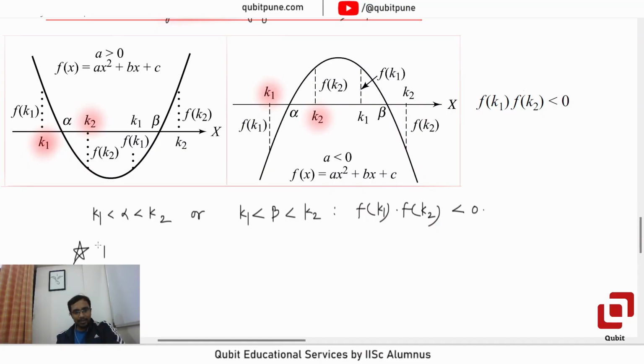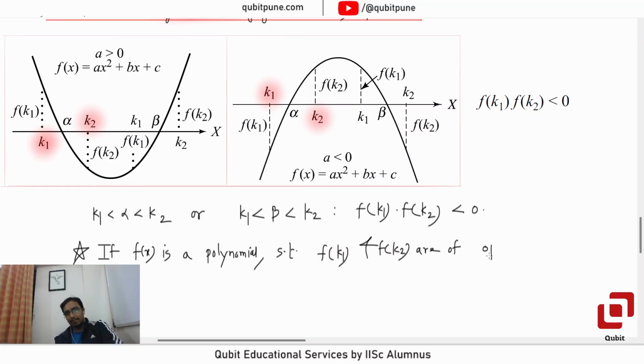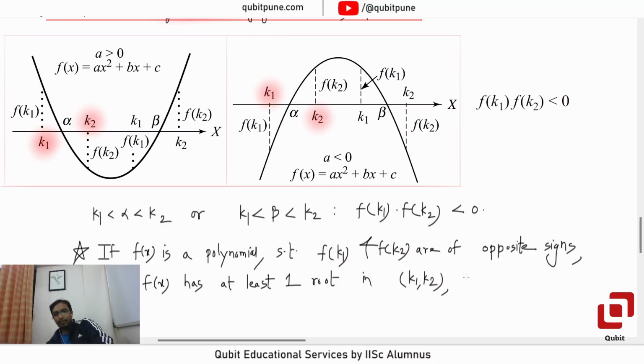Generalization: if f of x is a polynomial such that f of k1 and f of k2 are of opposite signs, then f of x has at least one root in the open interval k1, k2, because of the intermediate value theorem.